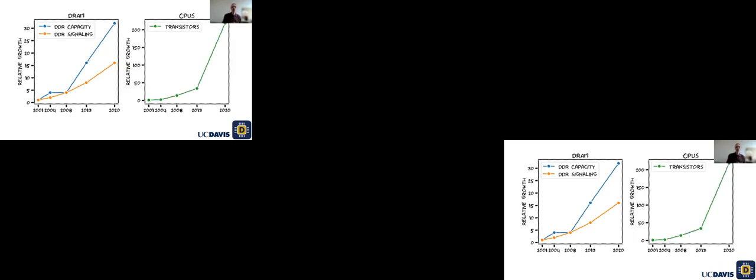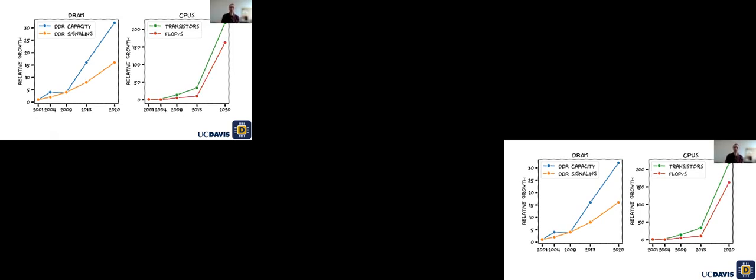But this gets even worse if we look at the performance of processors. This is the number of transistors, not exactly performance, but it's some measure of that. And while DRAM capacity has grown by 30x over the past 20 years, CPU transistors have grown by 200x. So we're getting a lot more compute and not that much more memory capacity.